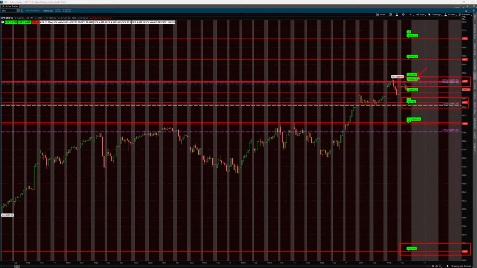We'll take a look at that in just a minute in a shorter time frame. Then the next key daily level up is the 5,000 level. That's the absolute gamma strike. That's a strike with largest absolute positive and negative gamma. So that's where most of the gamma weighted open interest is concentrated.